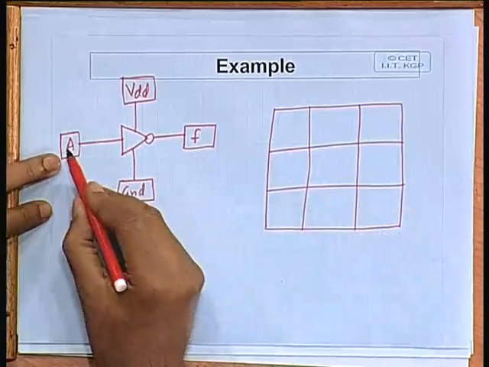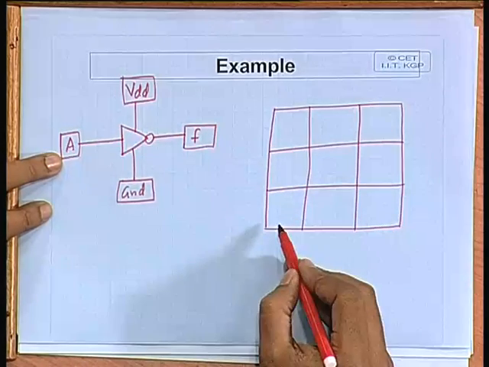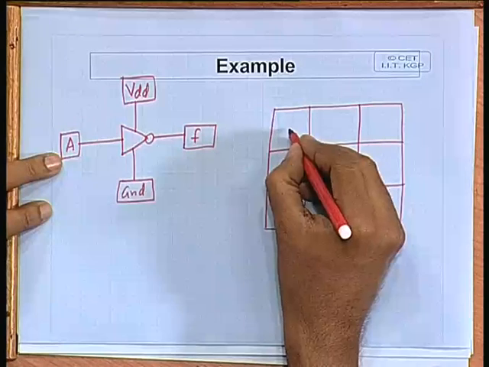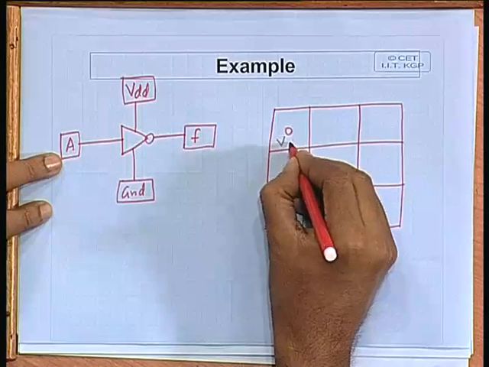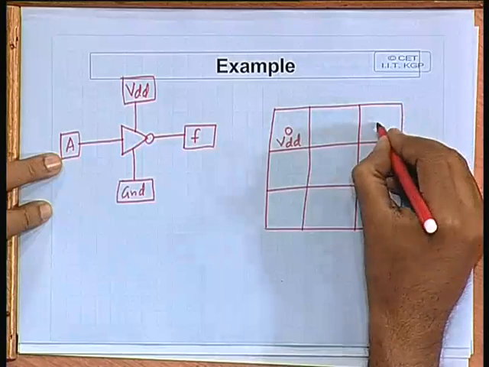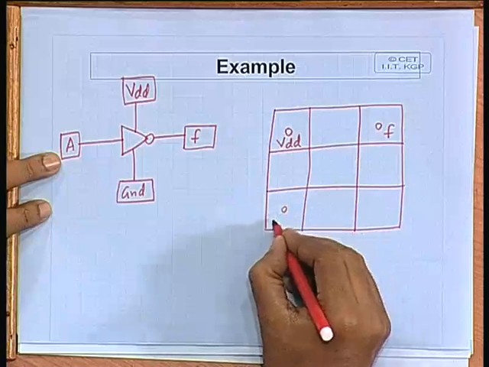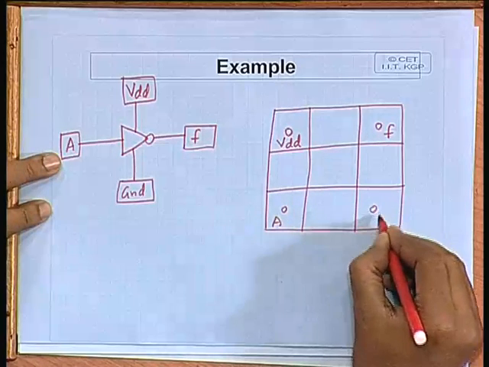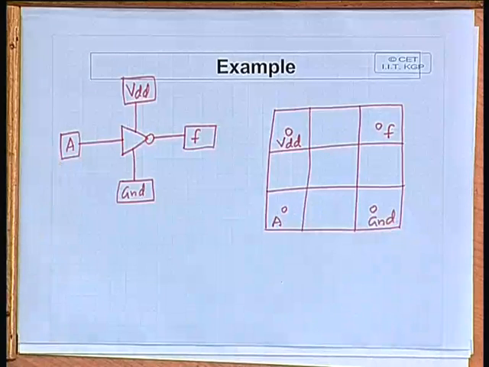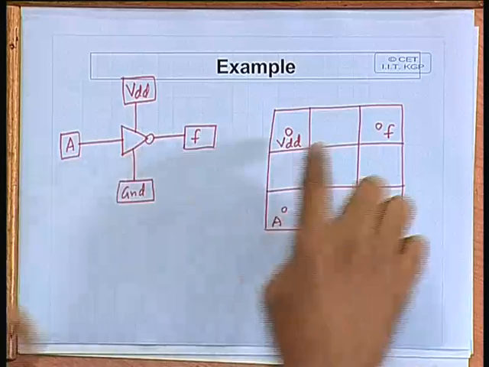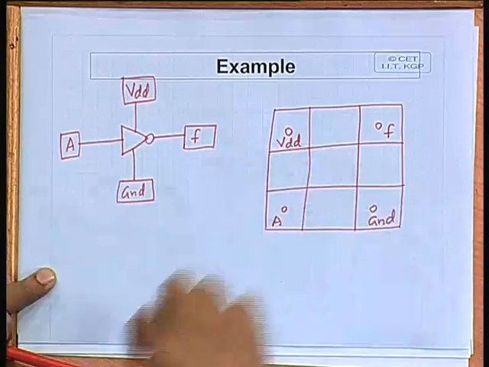I am assuming that these 4 terminals or pads are located in the 4 extreme corners. So, here I have VDD, say, here I have F, here I have A, and here I have ground. Now, I can place this inverter in any one of the remaining 5 cells.